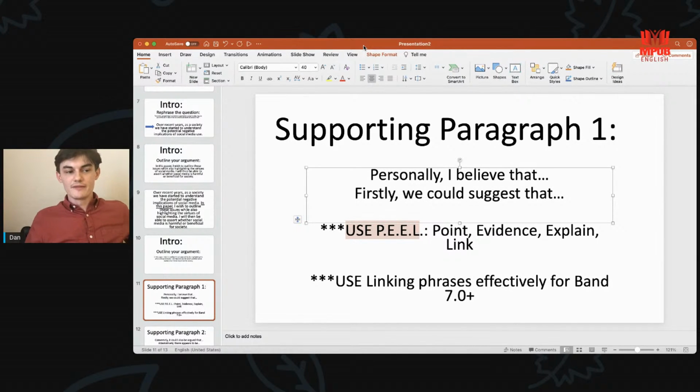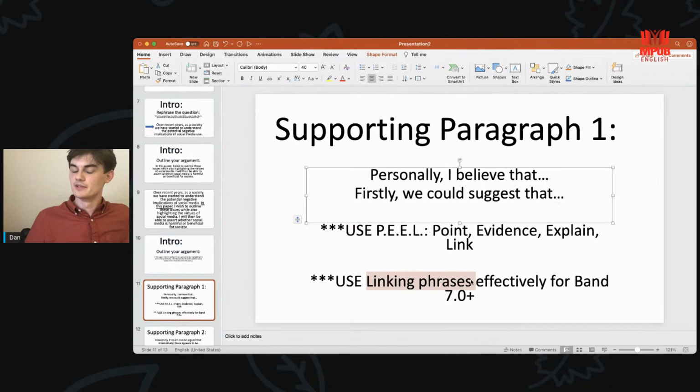And so, of course, another really effective tip is use linking phrases, guys. You really need to. If you want to hit band 7+, you have to be using these. They're just words you have to learn, no different from any other word, really. So you just have to know a few of them. We've had some specific classes on linking phrases throughout some of the videos on our page, so definitely go watch the last live stream if you want to know more.